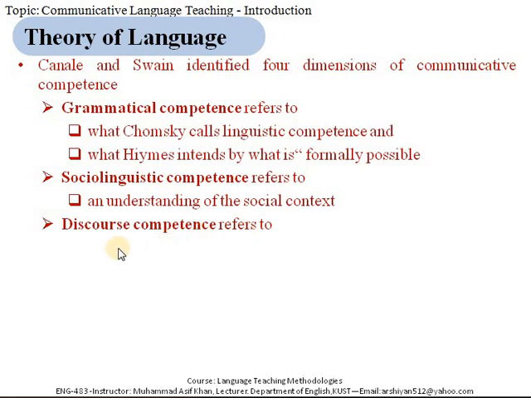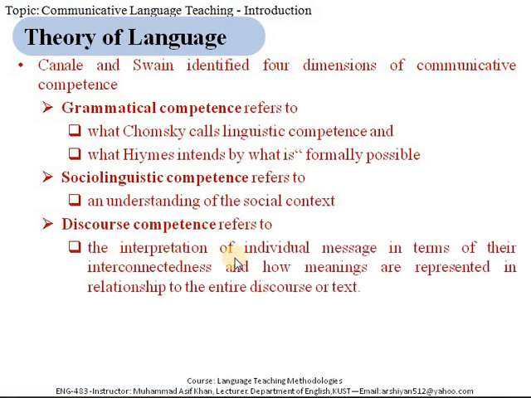It refers to the interpretation of individual message elements in terms of their interconnectedness, and how meanings are represented in relation to the entire text or entire discourse. An individual message is defined in terms of its connectedness with the meanings of the entire discourse.